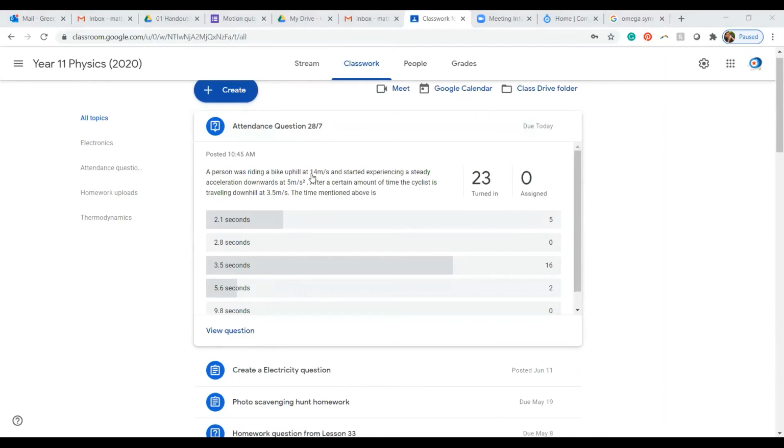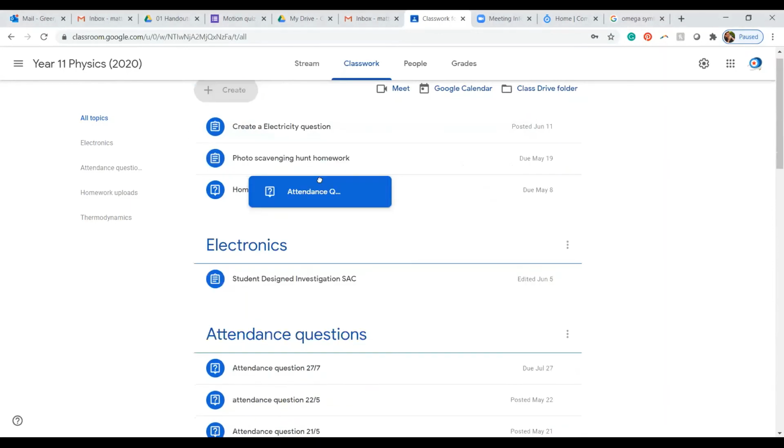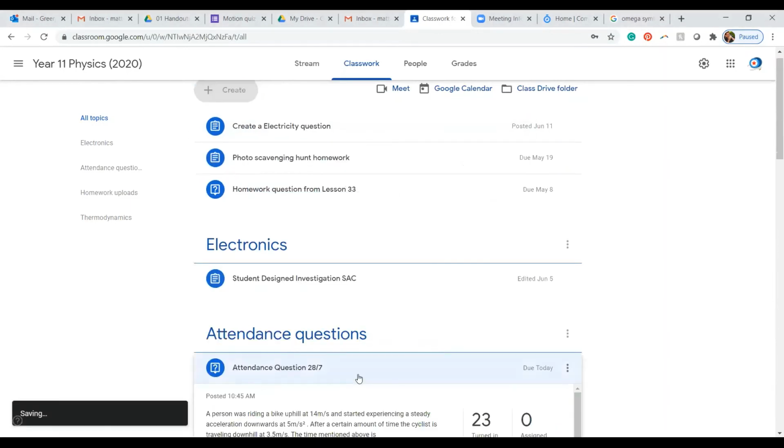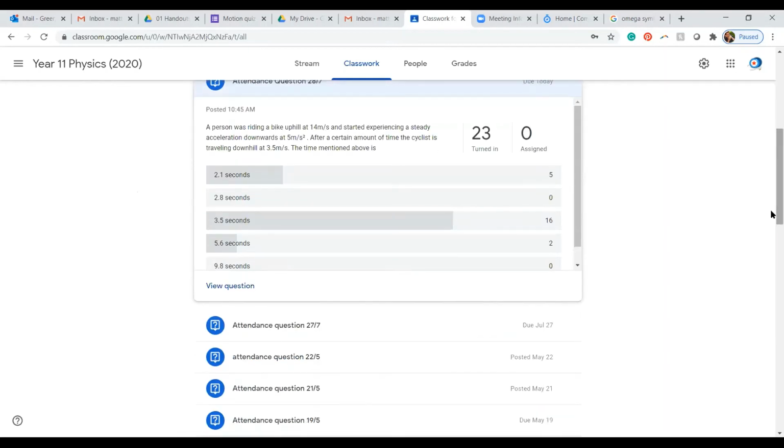A person is riding their bike uphill at 14 meters per second and started experiencing steady acceleration downwards at 5 meters per second squared. After a certain amount of time, the cycle is traveling downhill at 3.5 meters per second. The time mentioned above is, the answer is 3.5.